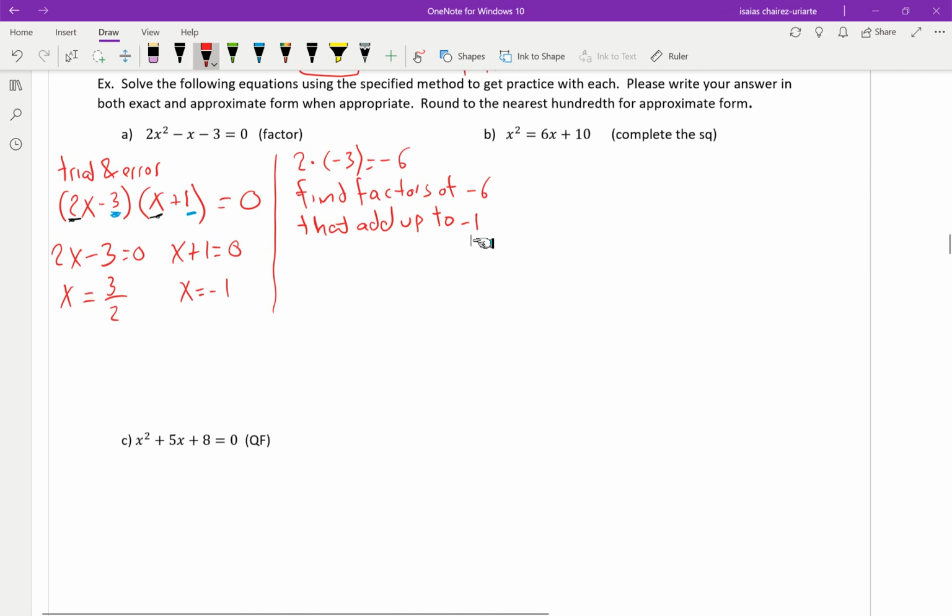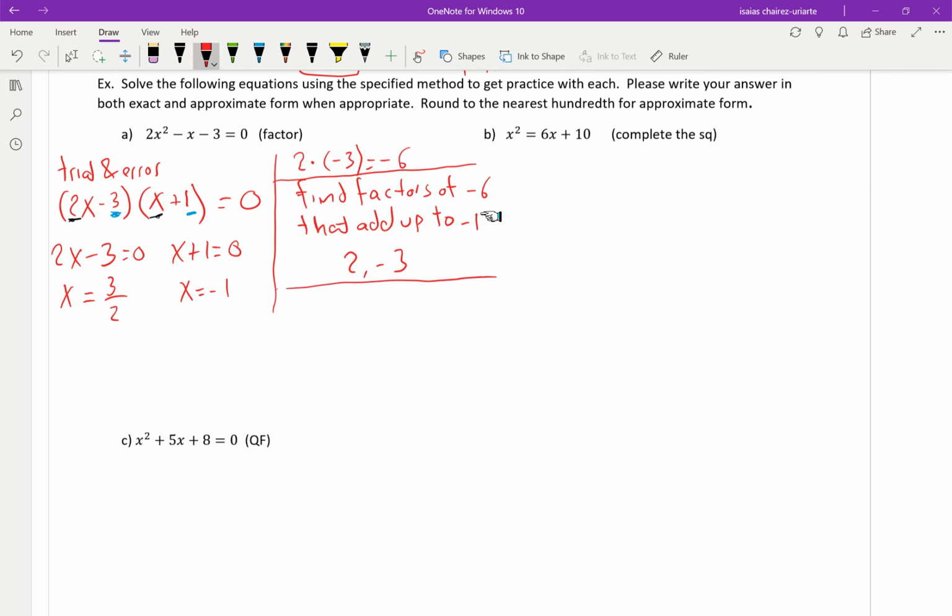Where did I get negative 1? Well, the negative 1 comes from this coefficient here in the middle. So I want to find numbers that multiply to negative 6 but add up to negative 1. Well, I think 2 and negative 3 are going to be useful right now.